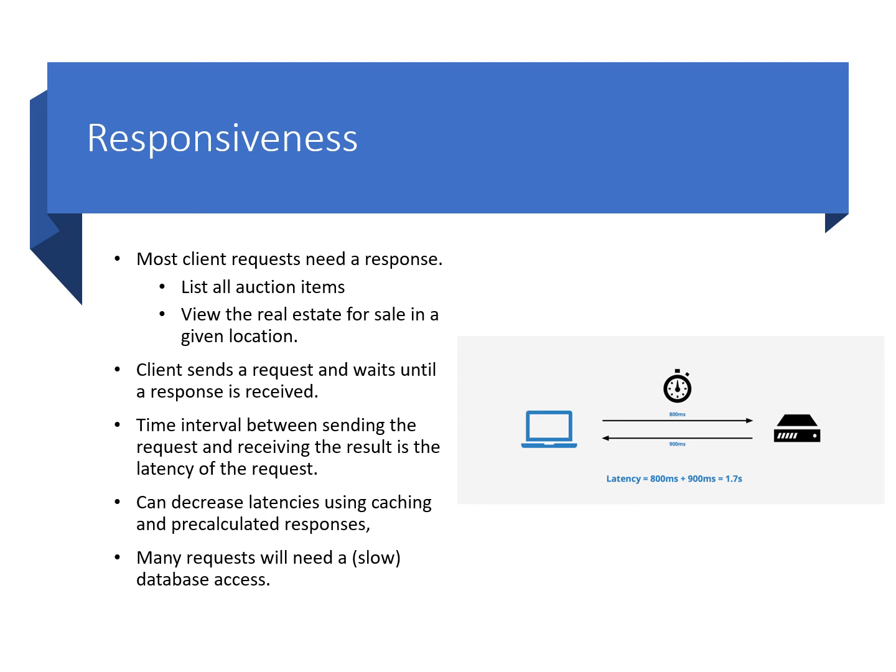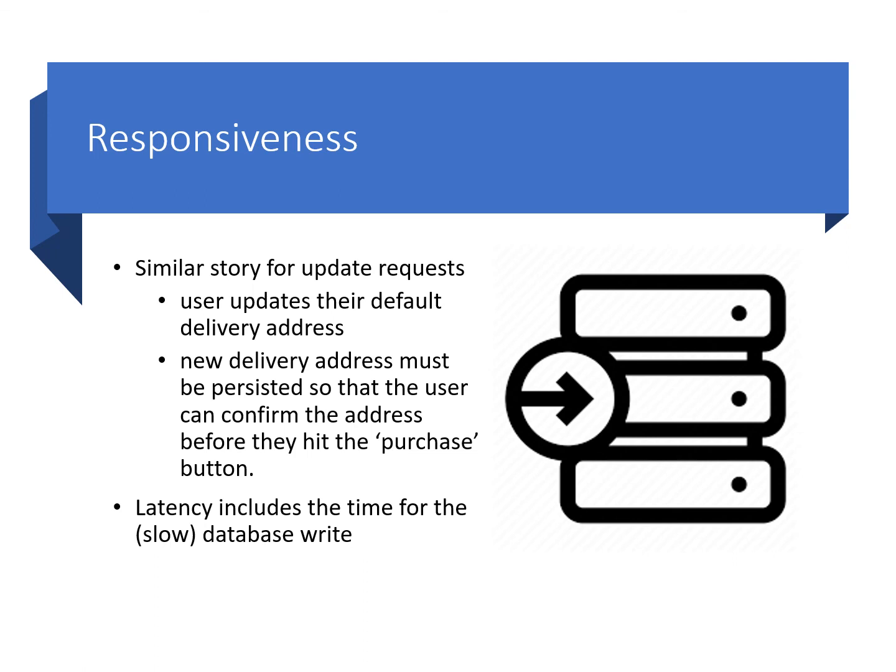We can decrease latencies by using caching and pre-calculated results, as we've already discussed, but still many requests will ultimately result in relatively slow database access. A similar scenario exists for requests that update data in an application. As an example, let's assume a user updates their delivery address immediately prior to placing an order.